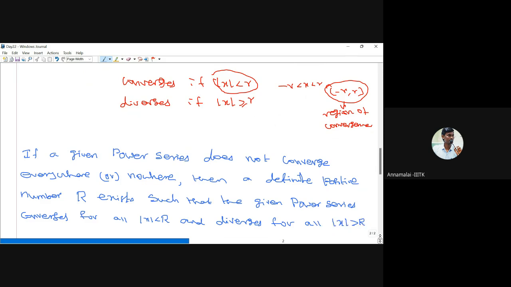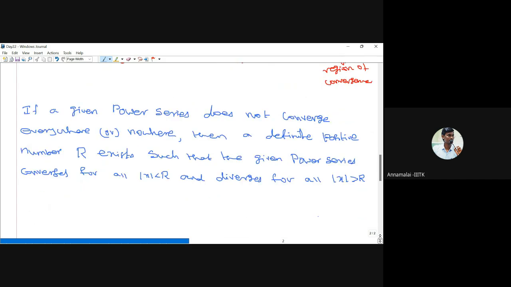Such a number r is known as the radius of convergence.